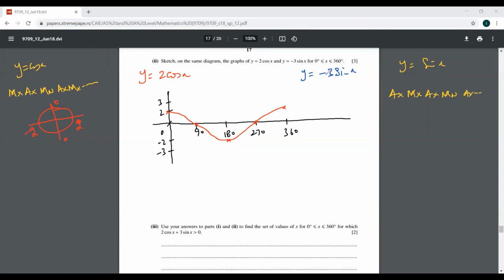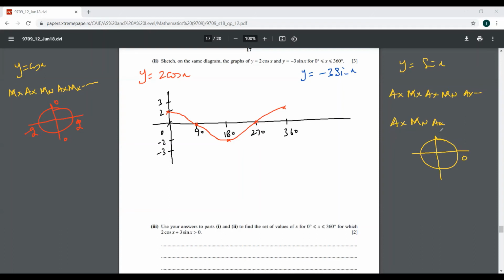But there is a minus sign over here, so the flow would be opposite: axis, minimum, axis. Sin 0 is 0.